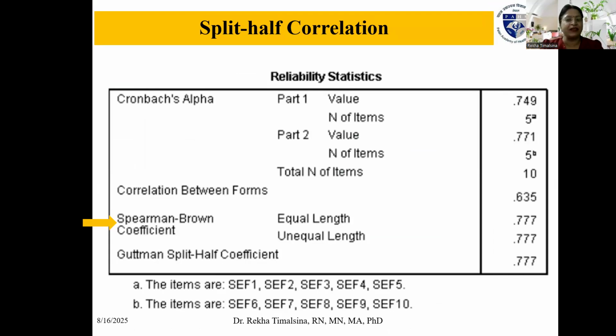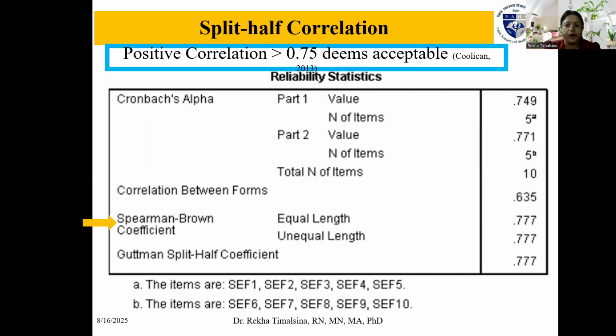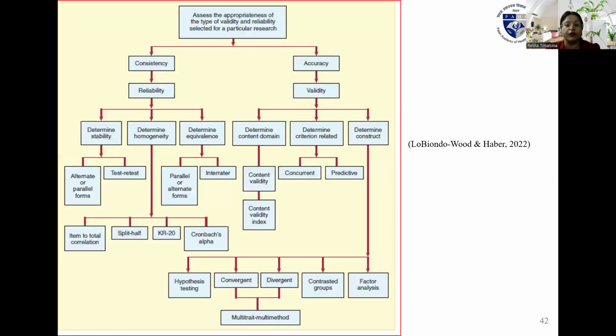It adjusts the correlation between two test halves using the Spearman-Brown prophecy formula to estimate the reliability of the full test. In SPSS, it is often labeled as the Spearman-Brown coefficient. And a positive correlation greater than 0.75 is deemed an acceptable value for the proposed instruments.